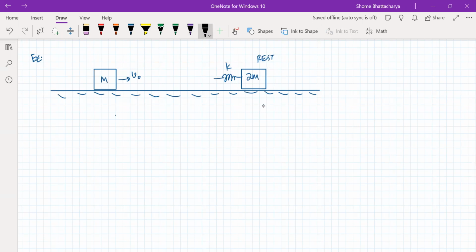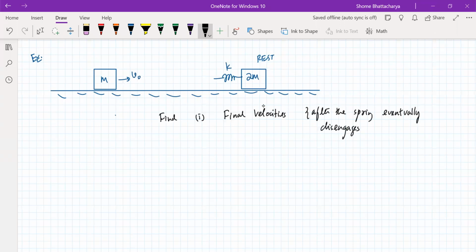Now if I ask you, find first of all the final velocities, that is after the spring eventually disengages from the block E. This is the block E, this is the block B.